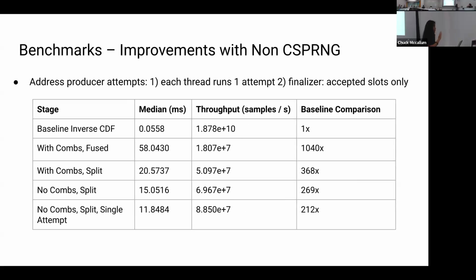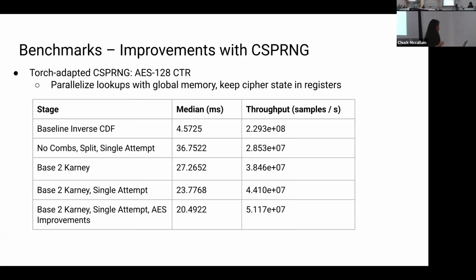Also, these were with the non-cryptographically secure generator that was built into CUDA. I also tried benchmarking this with the torch-adapted CSPRNG version, which did amount to a slower runtime, as expected.